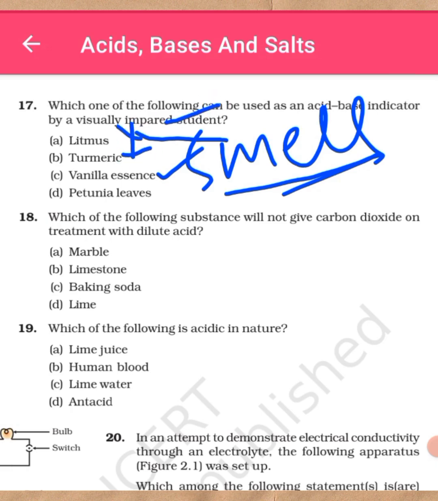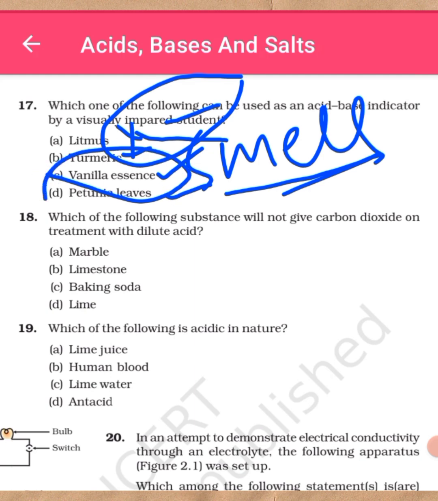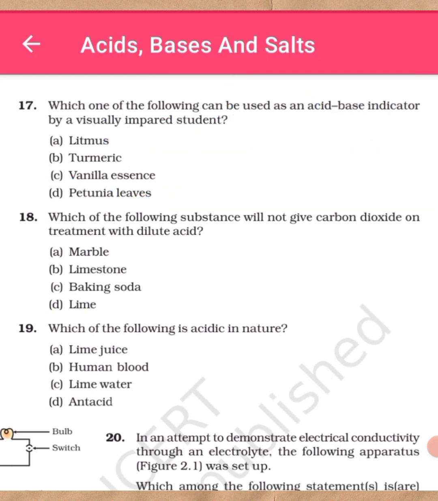Turmeric is obtained from a plant, petunia leaves are also obtained from a plant. They can be identified using the leaves and litmus paper strips, but vanilla essence can be identified by smell as an acid base indicator. So the answer of this question is option number C.